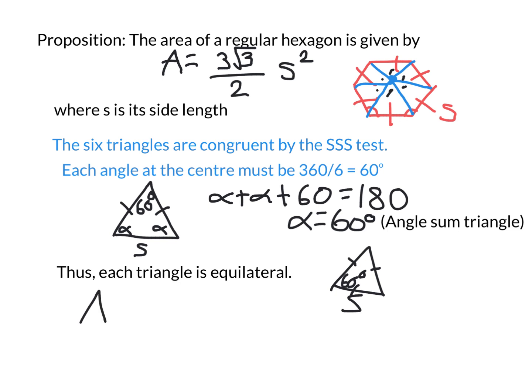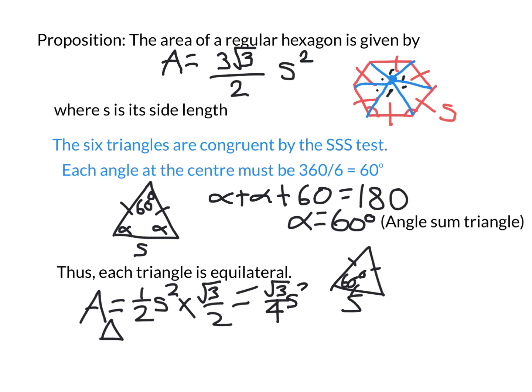So the area of each of the triangles is going to be half times S times S times sine 60, and remember sine 60 degrees is root 3 on 2. So a half times root 3 on 2 is equal to root 3 on 4. So each triangle has area of root 3 on 4 s squared.